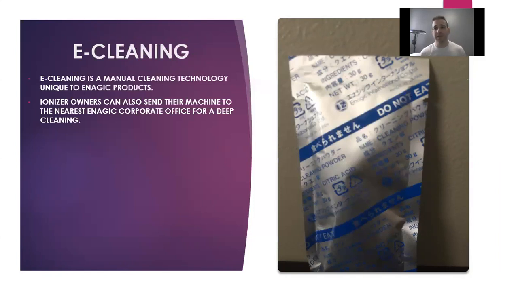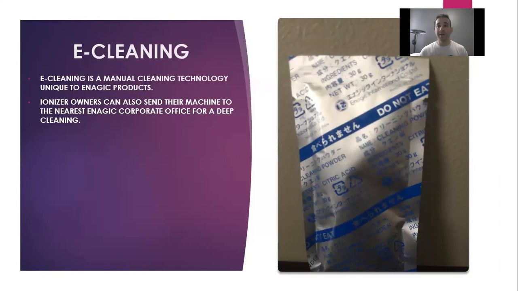So a deep cleaning is another procedure Enagic does. They have a service team of technicians at every corporate office, and you can, if you want, send your machine for a deep clean. It's very low cost, I think it's around $35, and it's another level of cleaning above the e-cleaning.